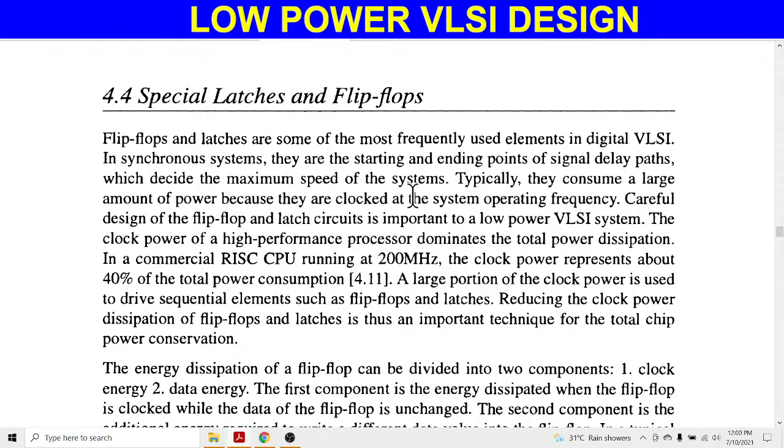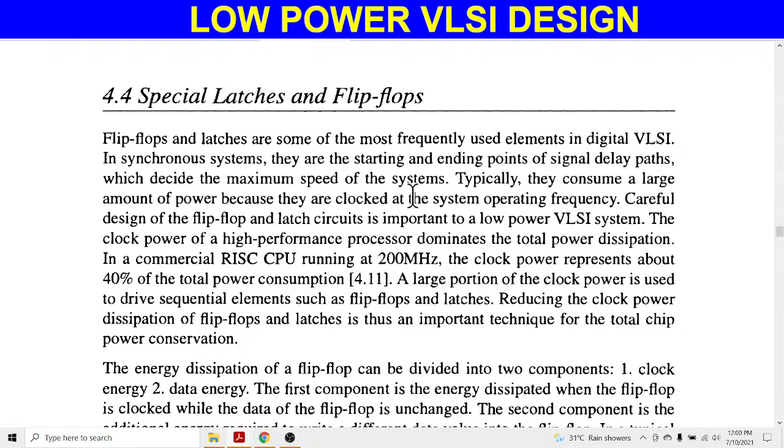The flip-flops have input ports, in which some ports are responsible for collecting the data, and some ports are responsible for collecting the clock pulse. So when we provide the clock pulse to these integrated circuits, these clock pulses consume a very high amount of power.